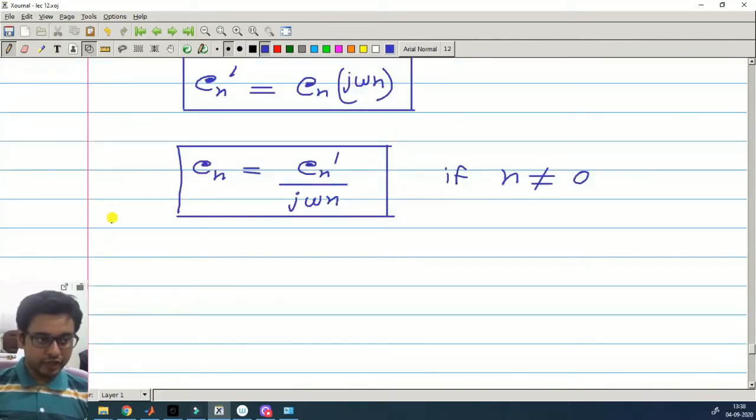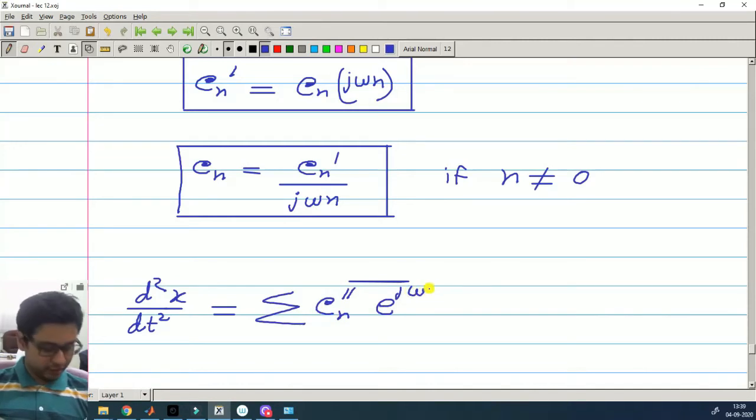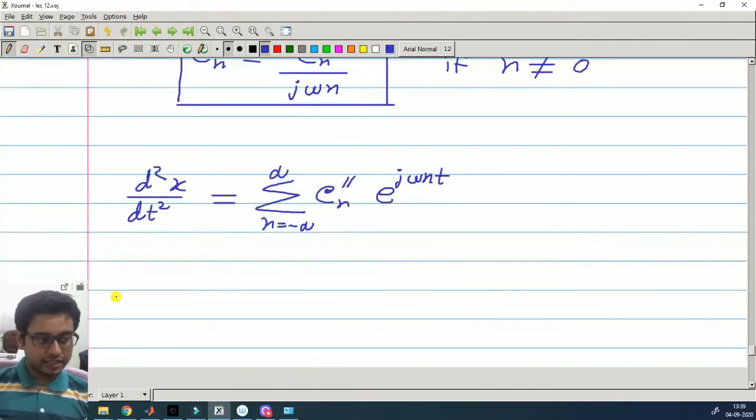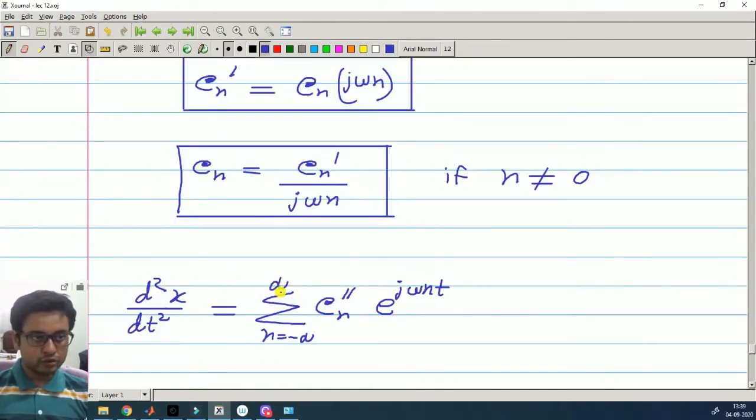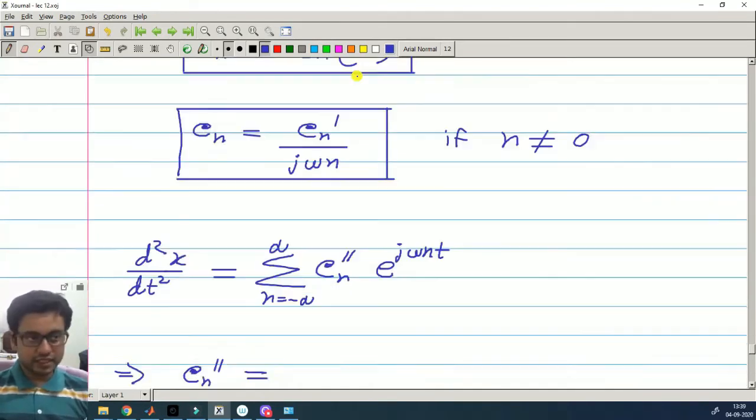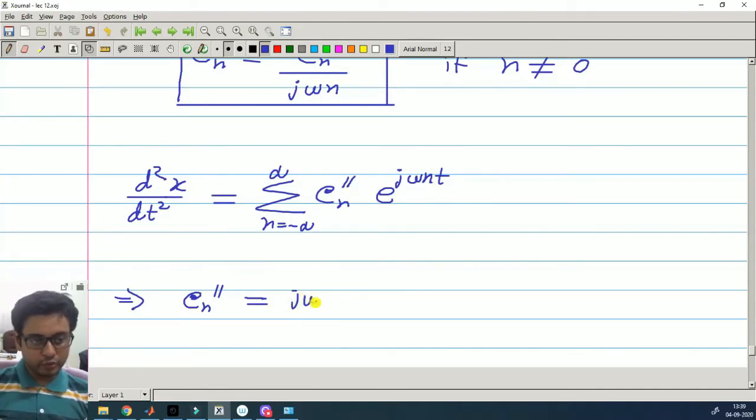And in the same way, if you consider the second derivative of x, and suppose the Fourier series of the second derivative looks like this: Cn double prime e to the power j omega n t, then in the same way you can say that Cn double prime will be equal to j omega n multiplied to Cn prime.